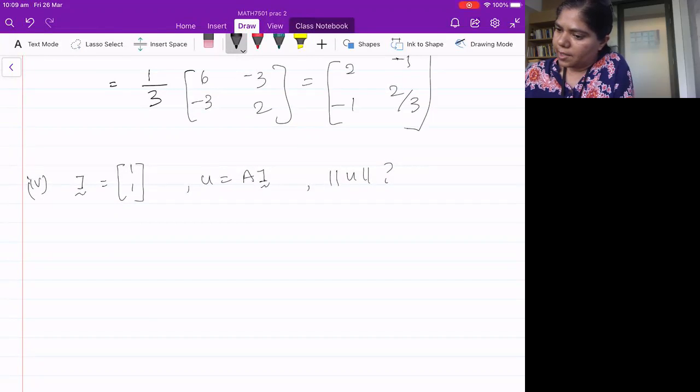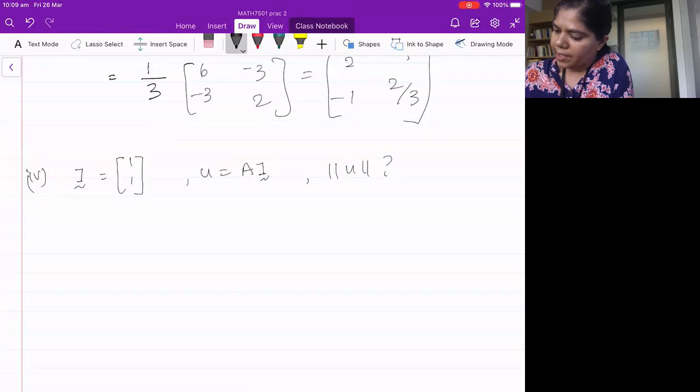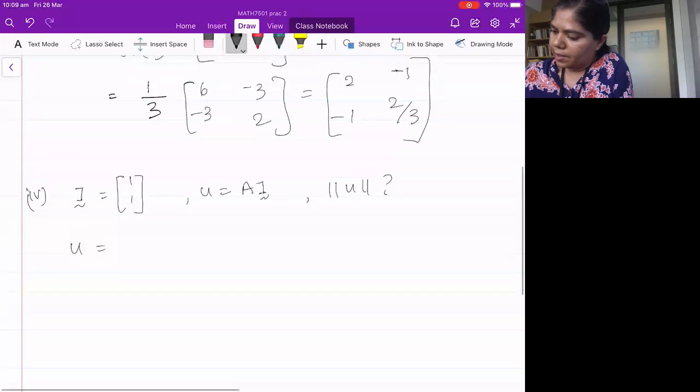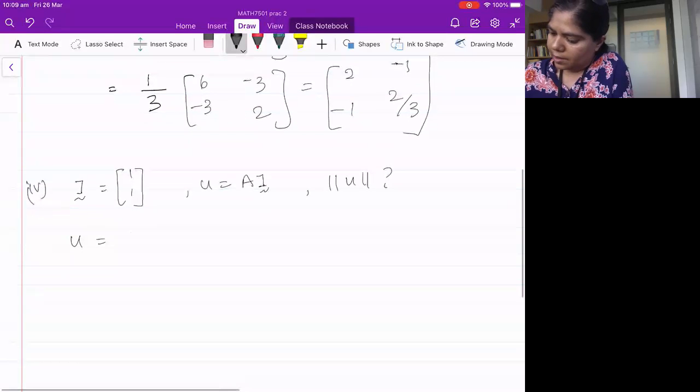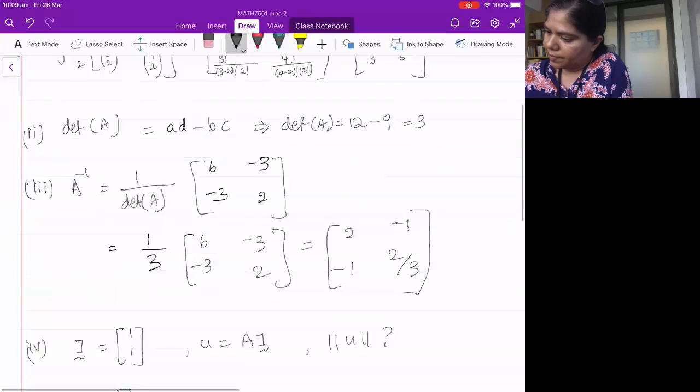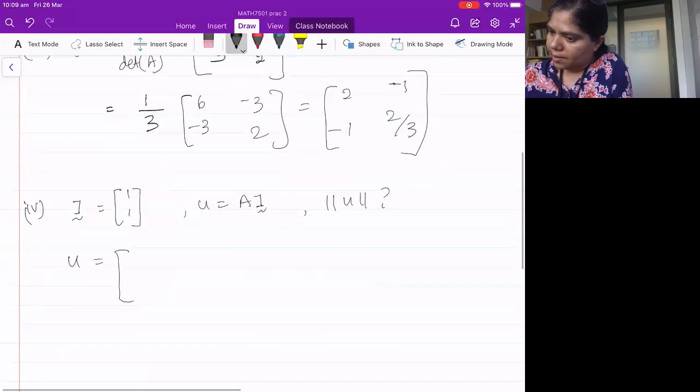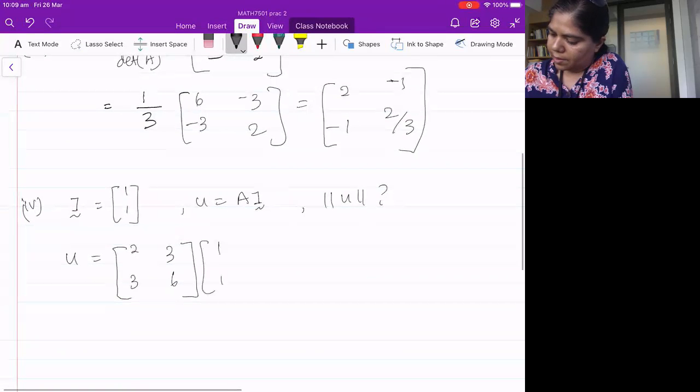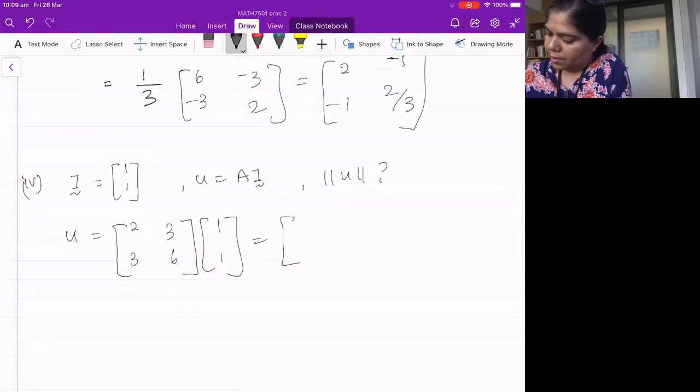So norm of U is, first find what is U. U should be equal to your A times 1, which is a column vector, that is 5, 9.